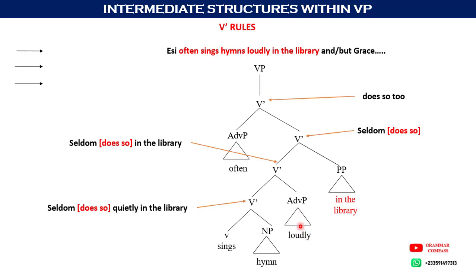We do not have the structure of the AdvPs yet, so we will use this triangle to represent the undeveloped structures. Now, can we use the "does so" replacement to replace the head? Remember, you cannot do that with heads, so you cannot say AC often sings hymns loudly in the library, but Grace seldom does so hymns loudly in the library. It doesn't even make sense.